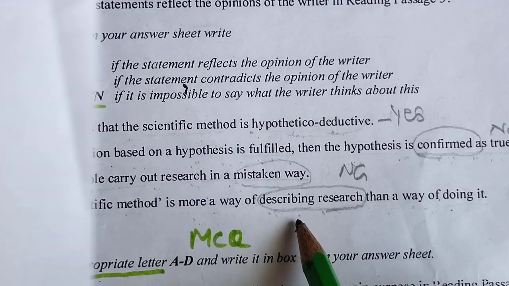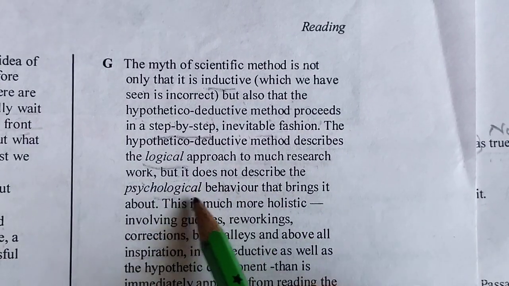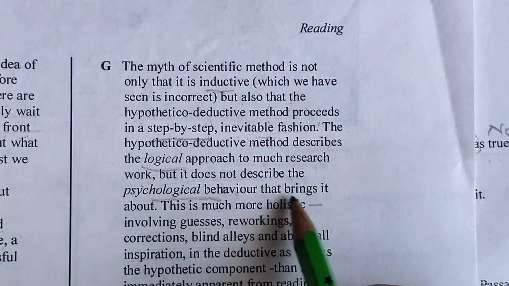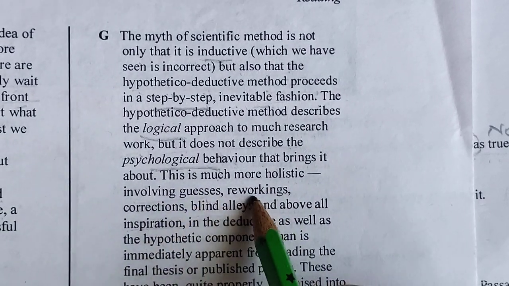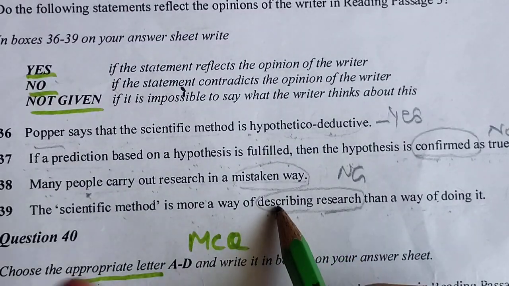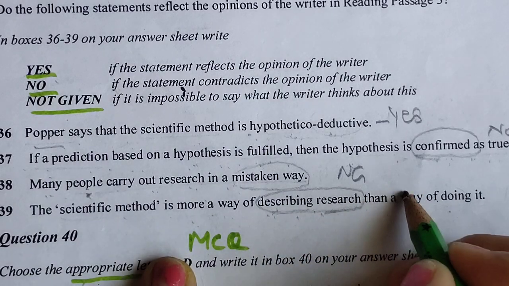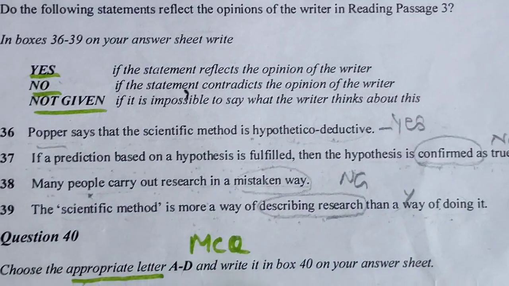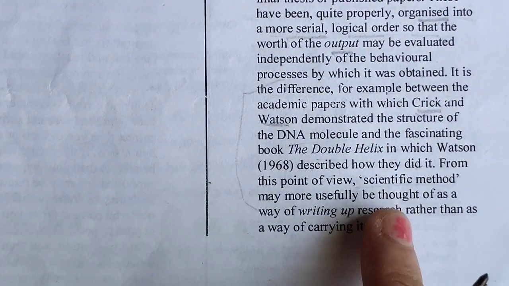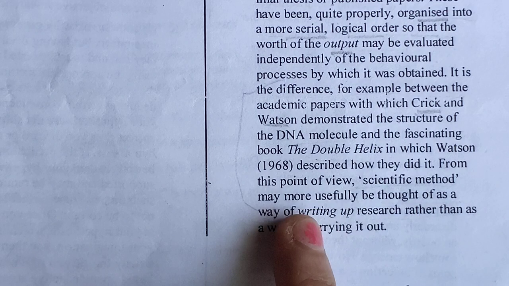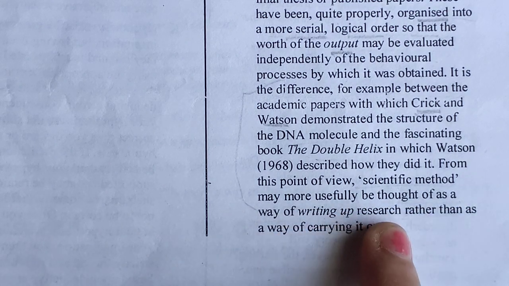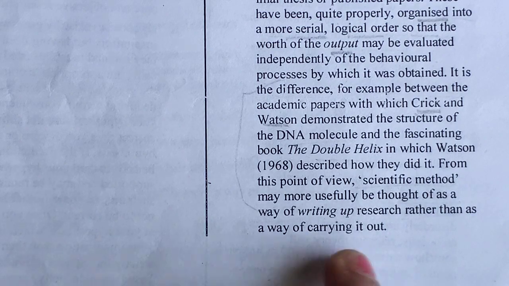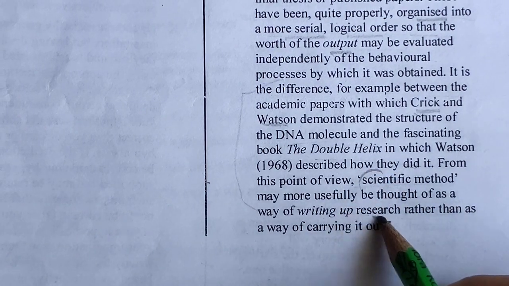It does not describe the psychological behavior that brings it about, which is more holistic, involving guesses, reworking, inspiration. Describing research, yes, we can just put yes. You can see this last sentence also: scientific method may more usefully be thought of as a way of writing up research rather than a way of carrying it out. So this is the location actually.